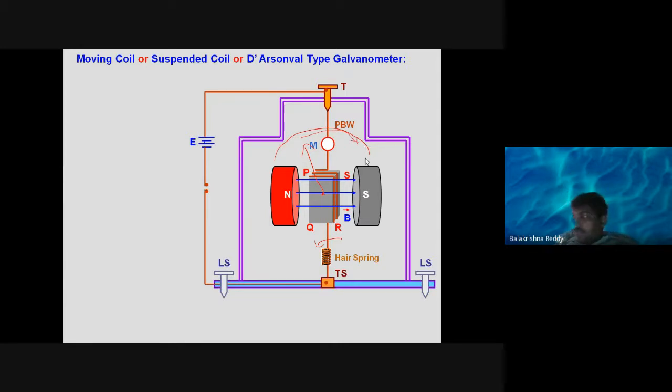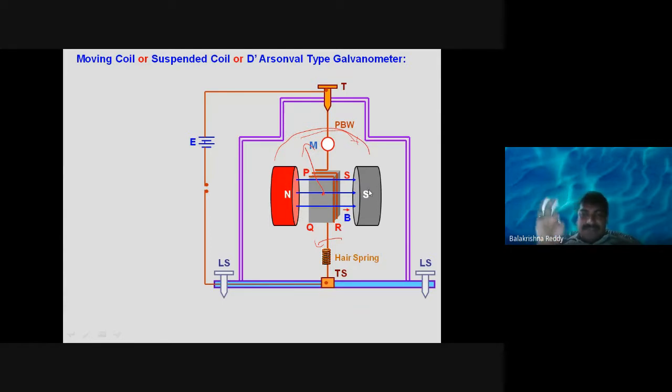If you look here, when a current passes through this wire, which I have supplied externally, the current flows through this coil and obviously a magnetic field is available.